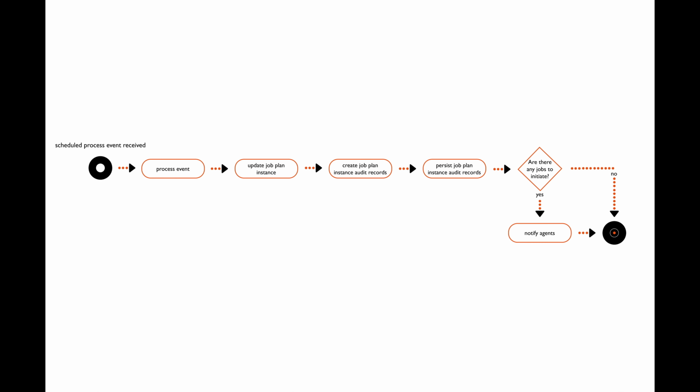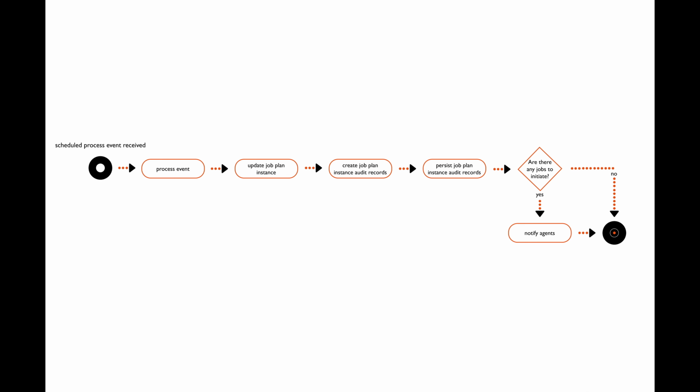Just to elaborate a little bit further on the way the context machine works, here's a state diagram that represents the various transitions that a context machine goes through when it receives an event from an agent. So the scheduled process event is received, and the context machine processes that event.